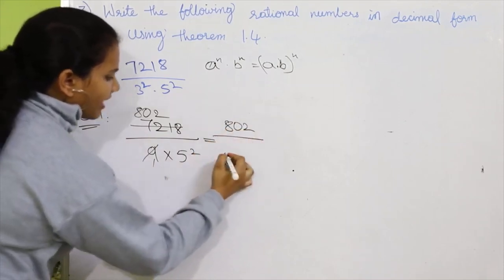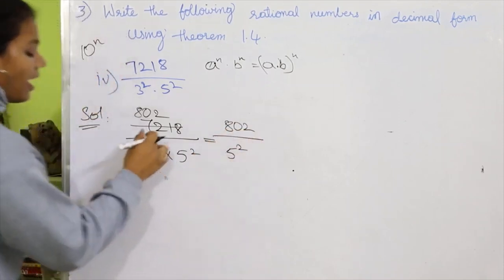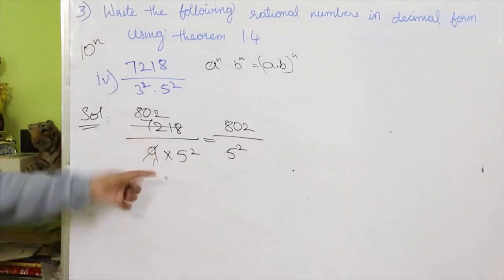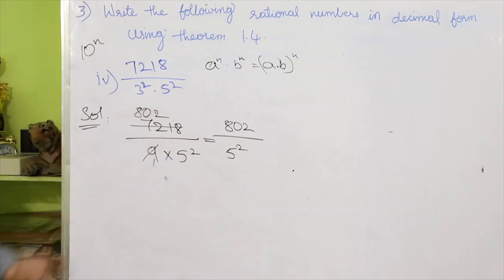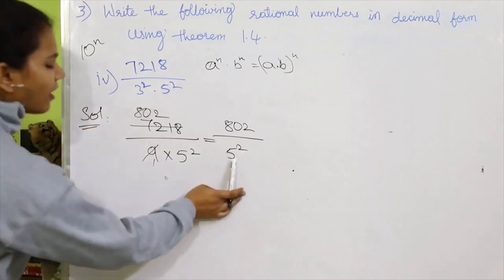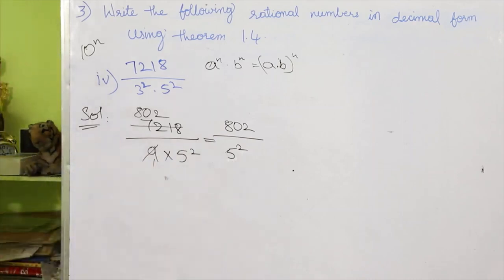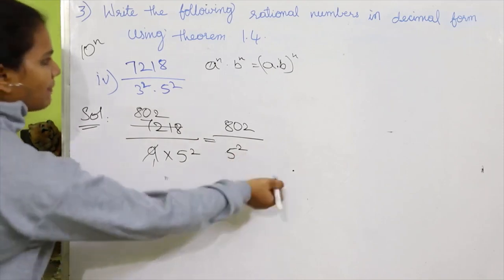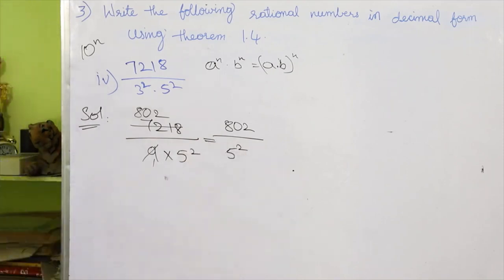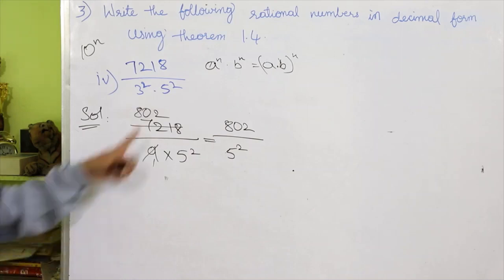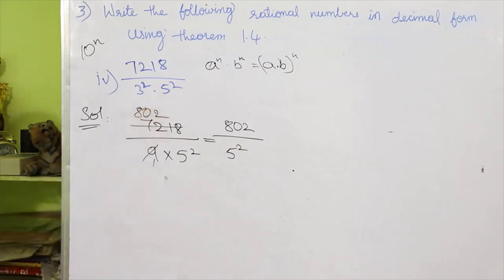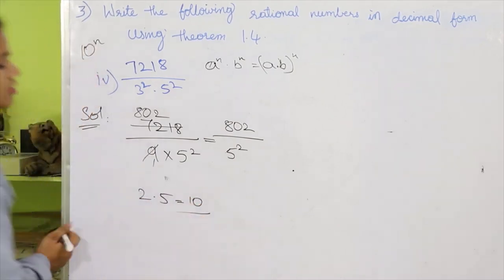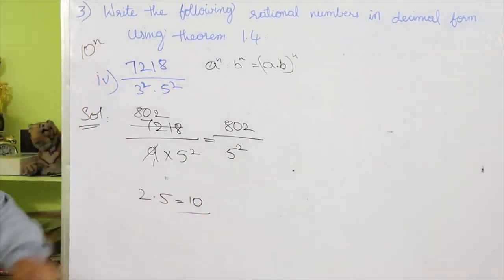Then go for 5 square. Okay, I defeated this 9. 9 is gone, 9 is dead now. You should not write 9, it's not required. So you have 5 square. Now I will bring the partner, or friend, of 5 square. Who is the best friend of 5? Yeah, 2 is the best friend of 5, because 2 into 5 gives 10.